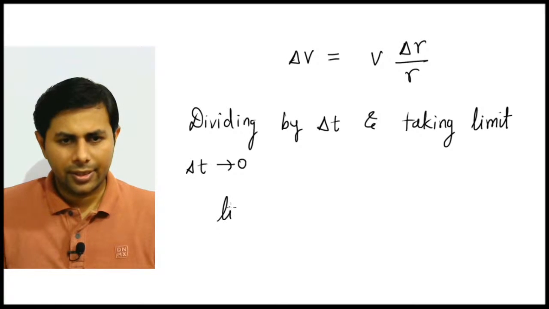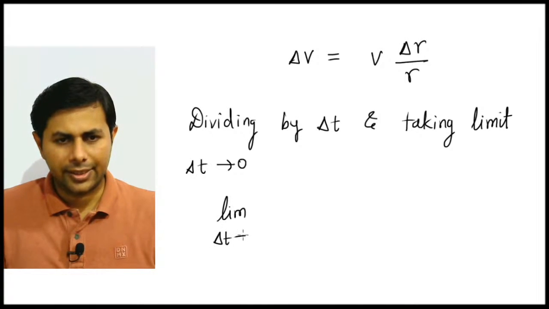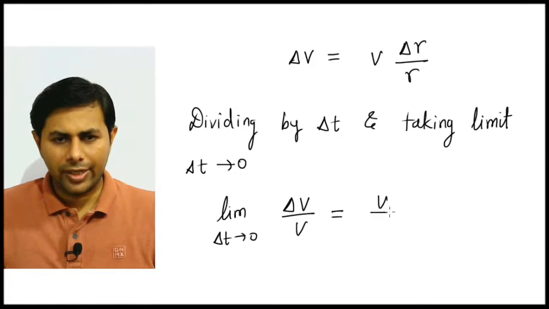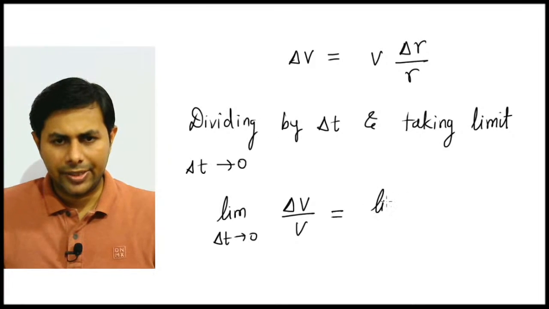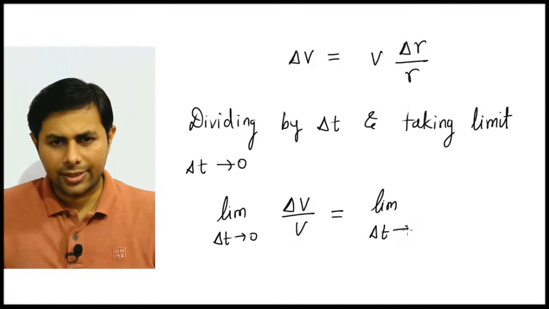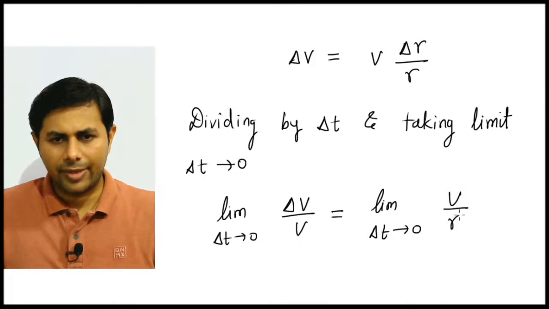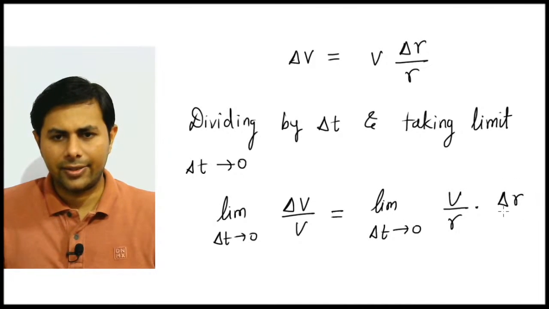We get the limit delta t tends to 0 of delta v over delta t equals v divided by r multiplied by delta r over delta t.